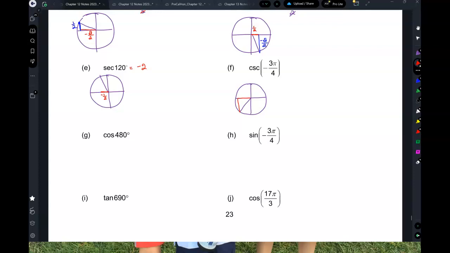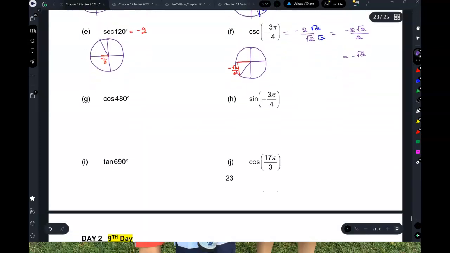So the cosecant, though, is the reciprocal. So negative 2 over root 2. Rationalize. Negative 2 root 2 over 2. Negative root 2. Okay, let me do one more and then I'll take a question.